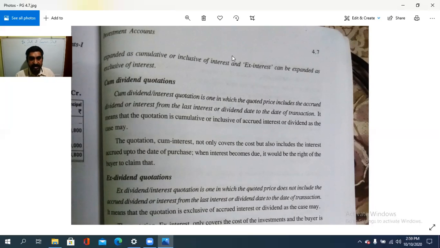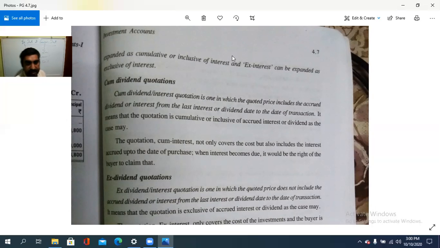So ex-dividend or interest quotation is the one in which the quoted price does not include the accrued dividend, while the cum-dividend includes the amount of accrued dividend. Cum-dividend quotation means with the dividend, and ex-dividend quotation means excluded or without.